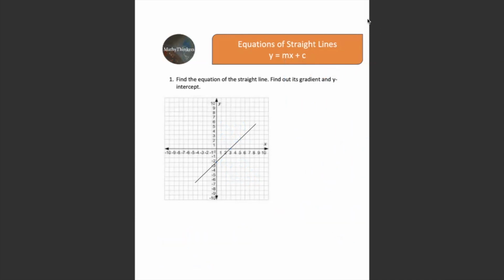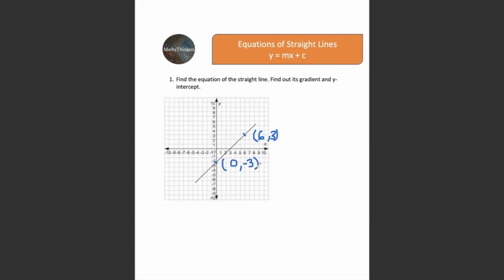At this point, you might have a question: what if we choose different sets of points? So let's choose another set of points here, maybe this one and that one. Now this one is 6, 3, and this point is again 0, minus 3.